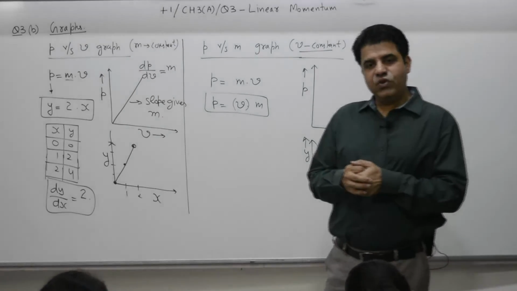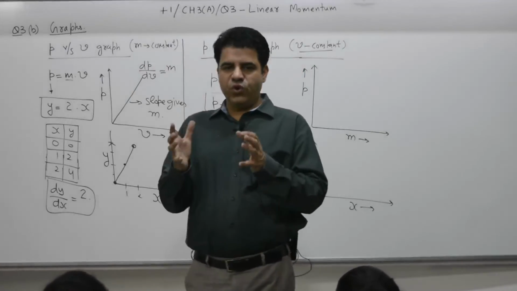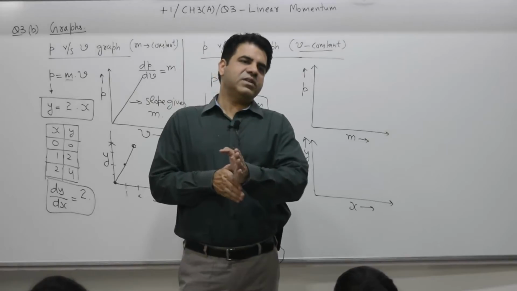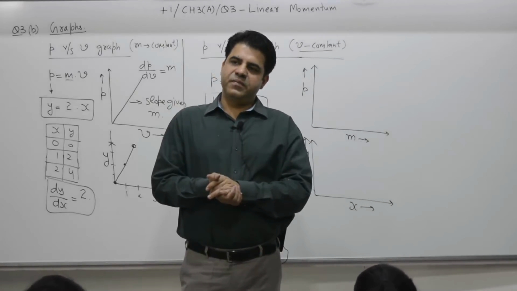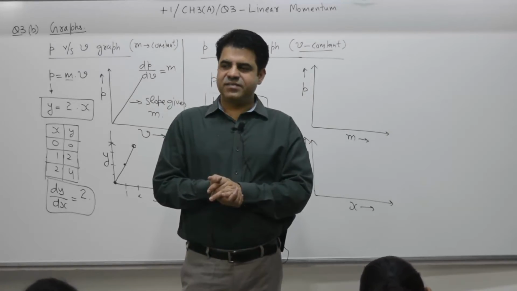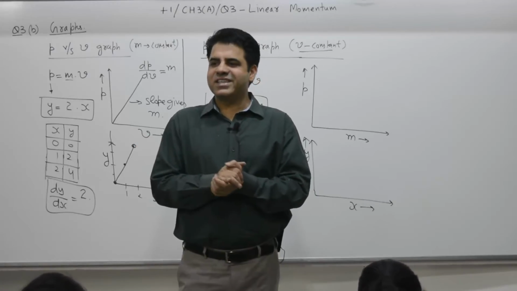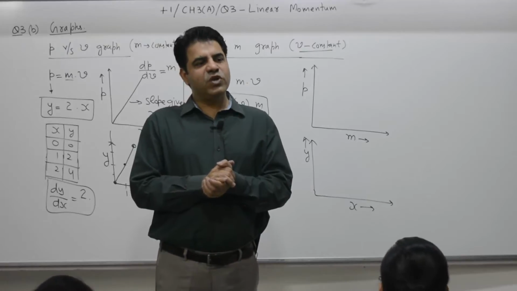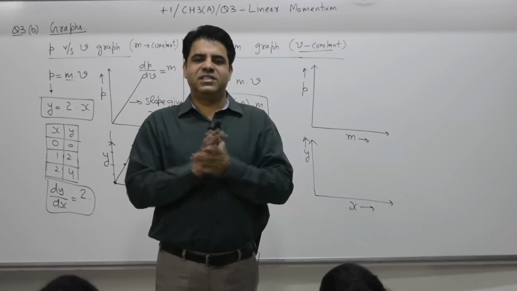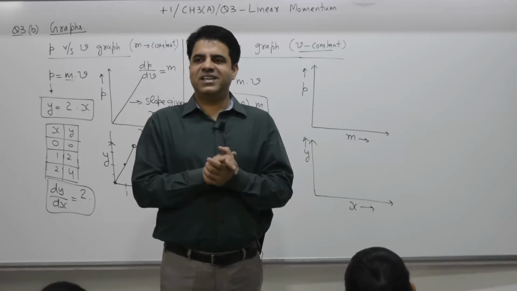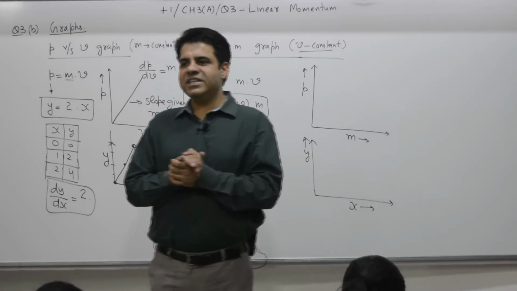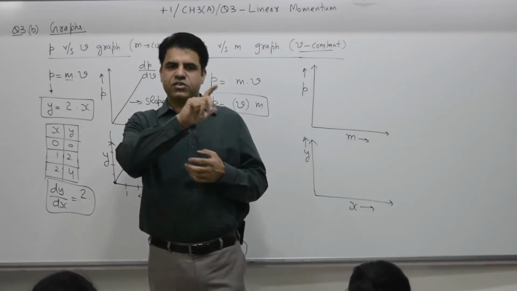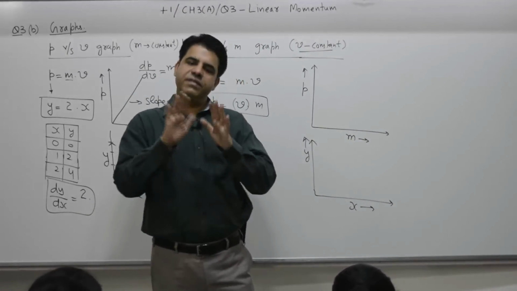Practically, when you fill your car with fuel, petrol, diesel or gas, and move from one city to another, your speed changes. You're not moving at a constant speed, and fuel is also being lost, so mass changes. Both mass and speed change. For a cricket ball, you can assume the mass remains constant, but its speed changes. So you have different cases.